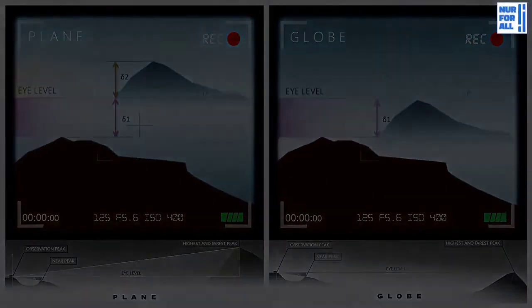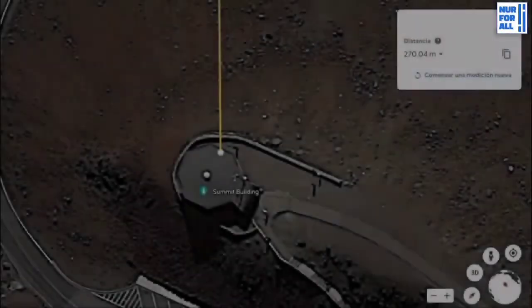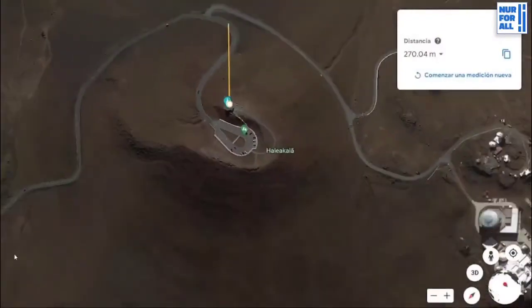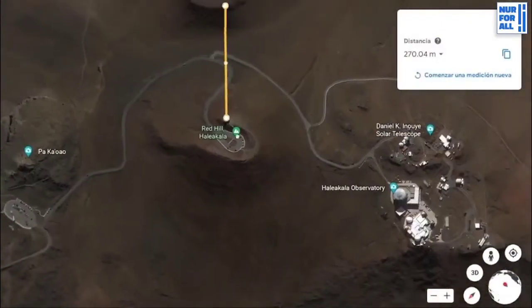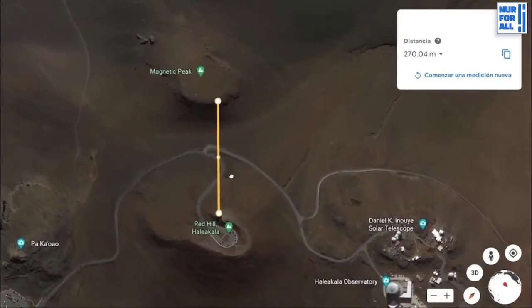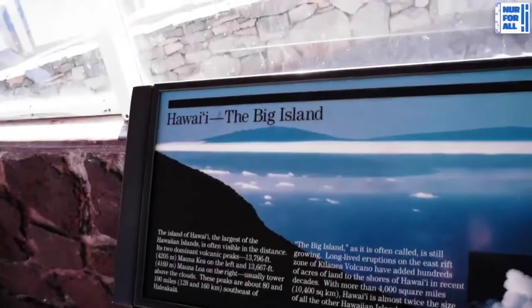Let's verify the reality captured by a lens located in the Haleakala 3,055 meters above sea level, in front of the south-southeast window of the observatory, with a height above the ground of 1.70 meters.